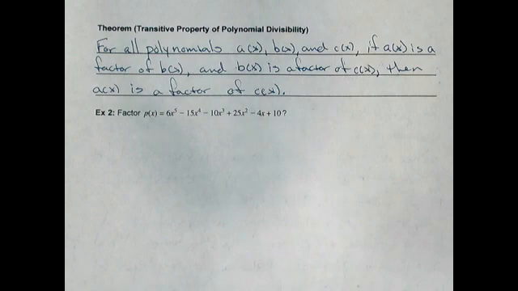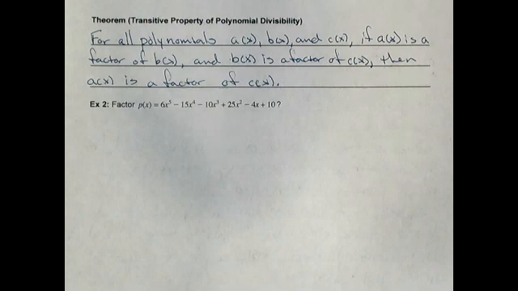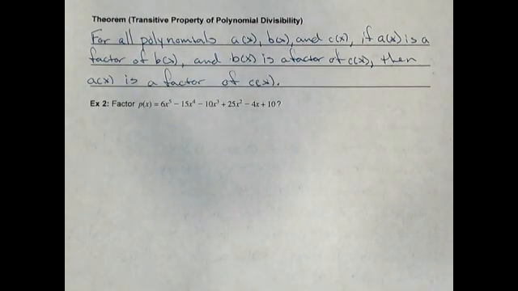All right, so now we are going to be asked to factor the expression 6x to the 5th minus 15x to the 4th minus 10x to the 3rd plus 25x squared minus 4x plus 10. It's a lot. To do this factoring, it really just comes with some experience of practicing.